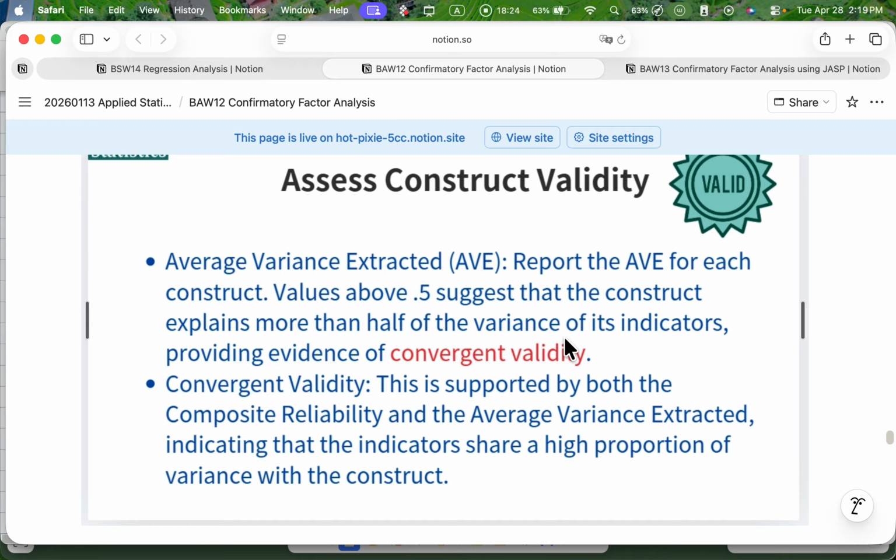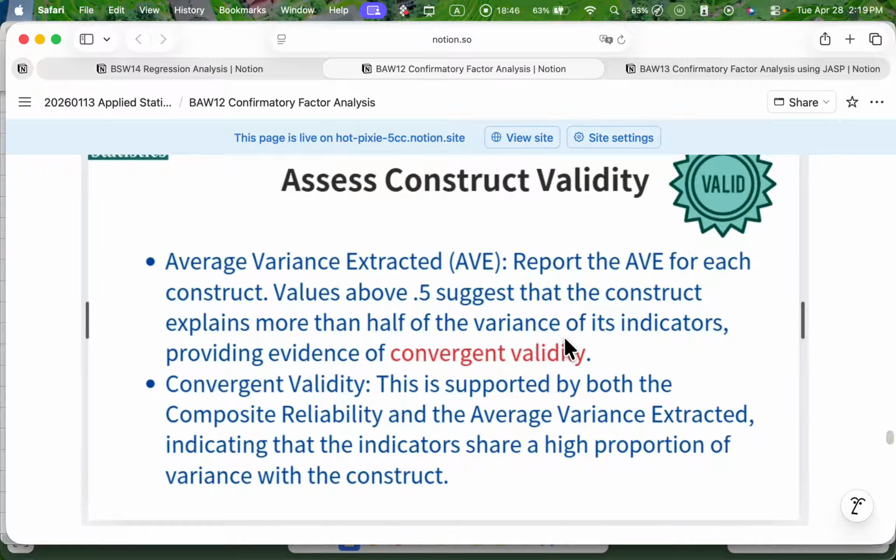So you can see indicators 1, 2, and 3. If the AVE is greater than 0.5, the construct can explain the variance of the 3 indicators by more than 50%.